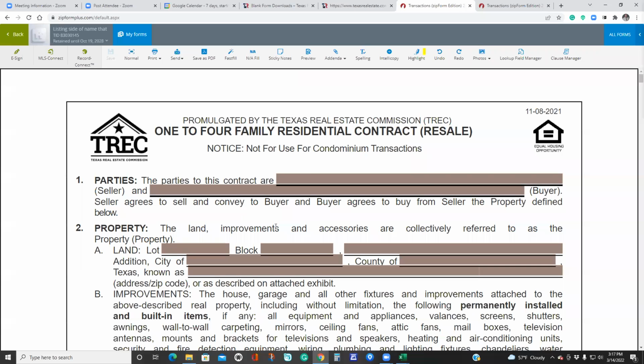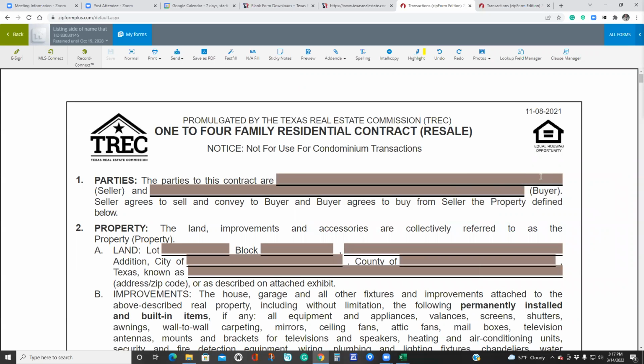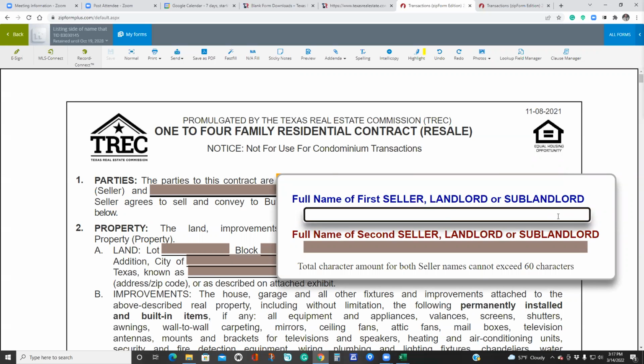We're going to run through this. If you have any questions, please don't hesitate to ask, and we'll do what we can to get those answers for you. All right, so here on the parties, when we talk about the seller, landlord, we want to go with whatever's on the deed. The tax records are a good source for us.